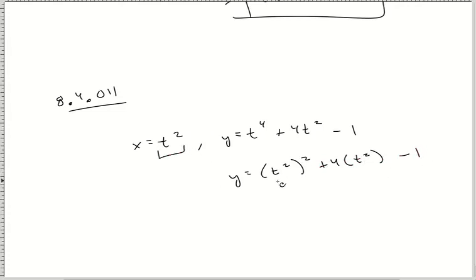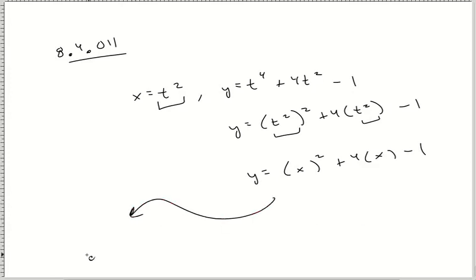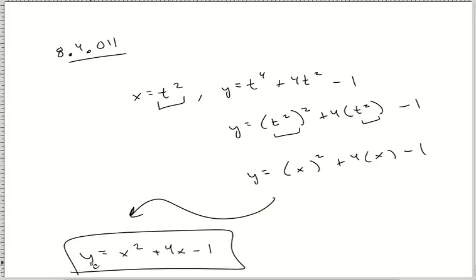Notice that this t squared can be plugged in directly as x. So x squared plus 4 times x minus 1. And, well, we're done. Y equals x squared plus 4x minus 1, looks pretty, works out great. We have a parabola.